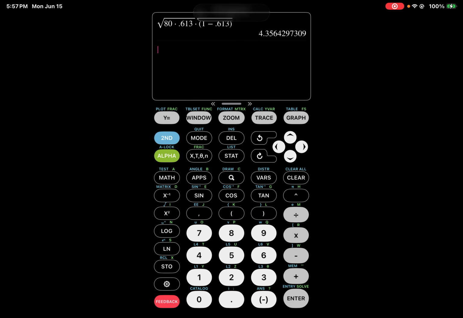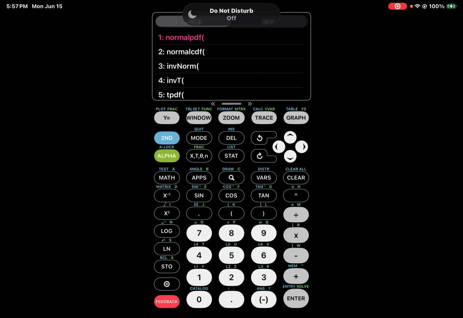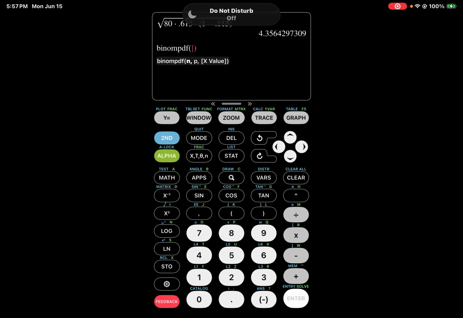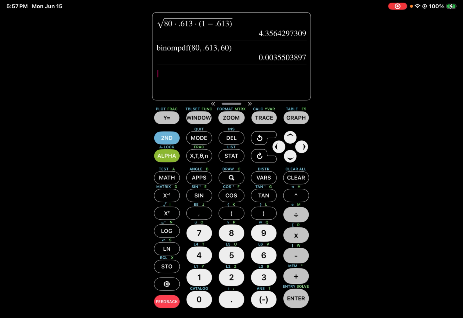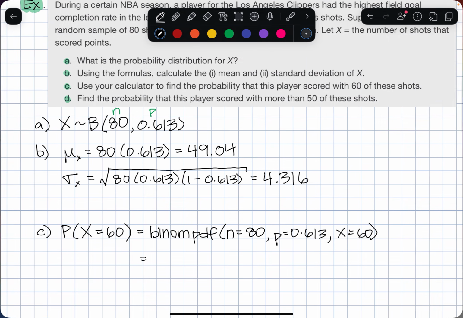So we go second vars. We scroll down to binom PDF. N is 80. P is 0.613. And our number of successes is 60. And I get 0.0036.